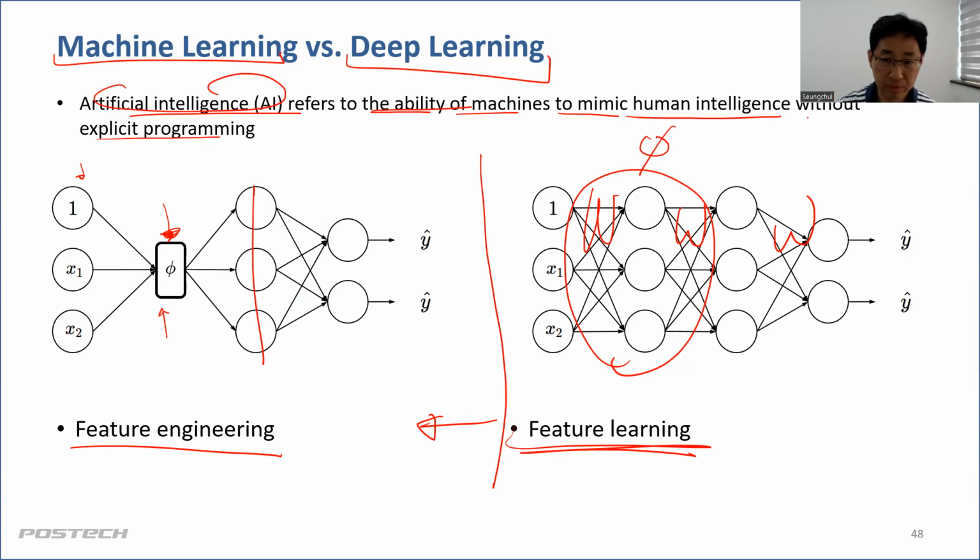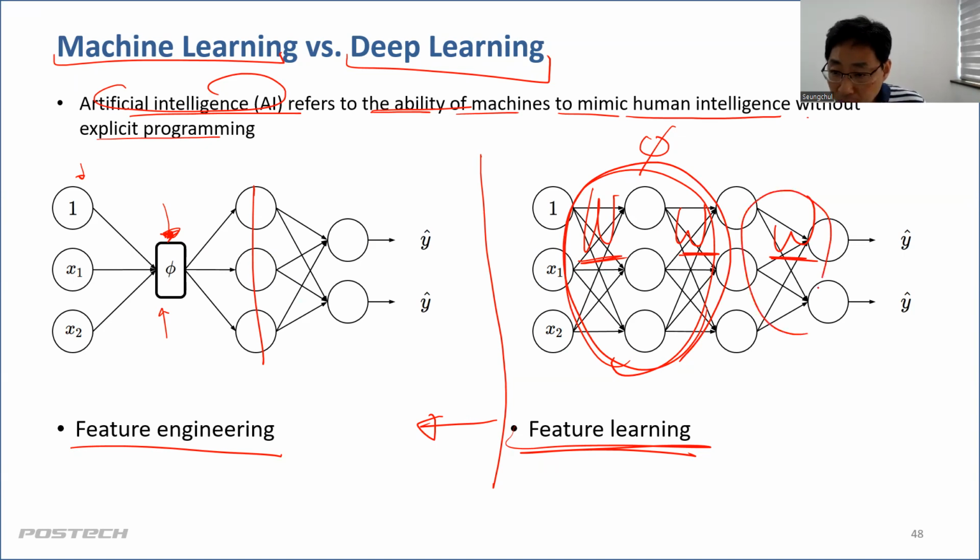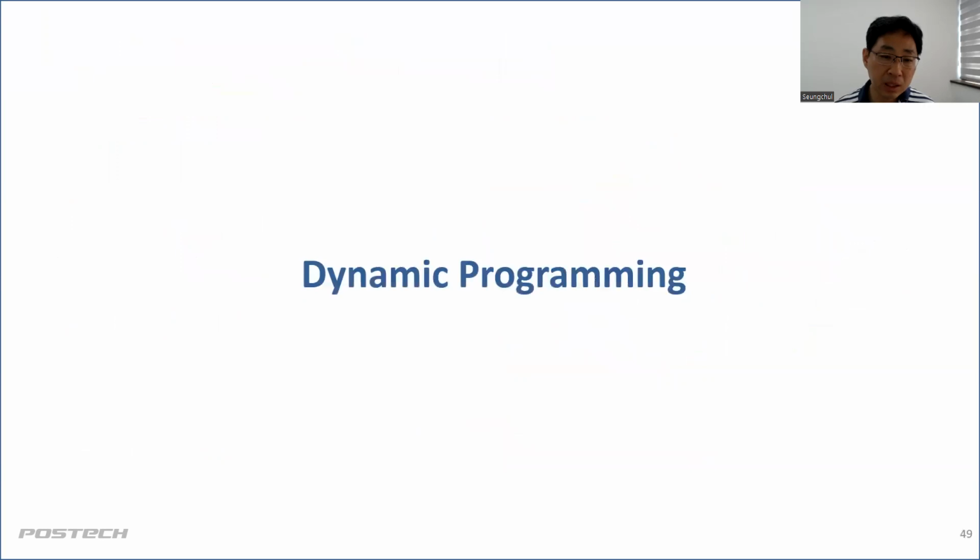So finding omegas is really important. Finding omegas here is equivalent to finding the right kernels. Finding omegas over there is equivalent to finding the right linear classifiers. Right?